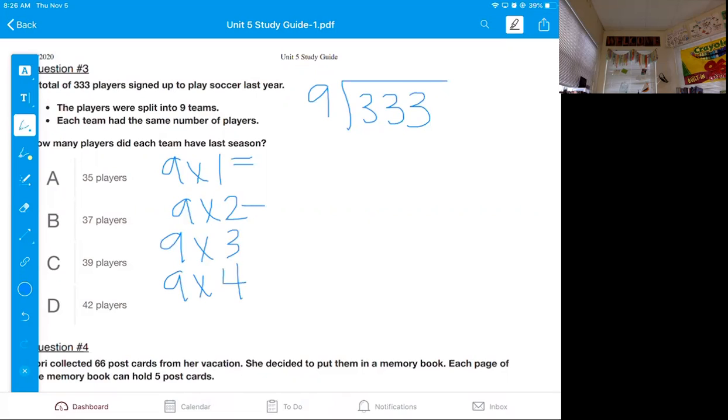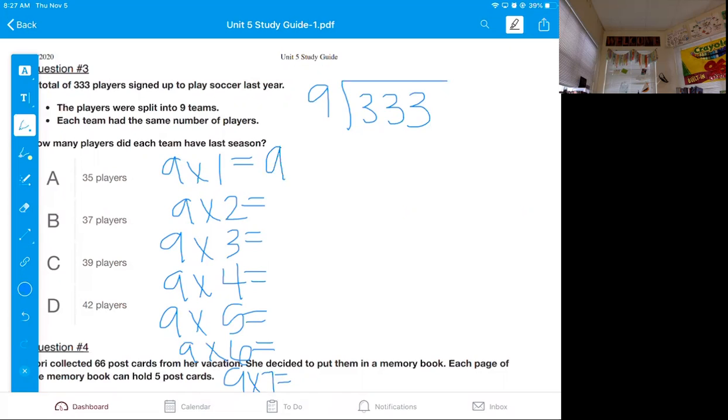So if I didn't know them by heart, I would list all of them through 9. I'm running out of room though. All right, so 9 times 1 is what? 9.